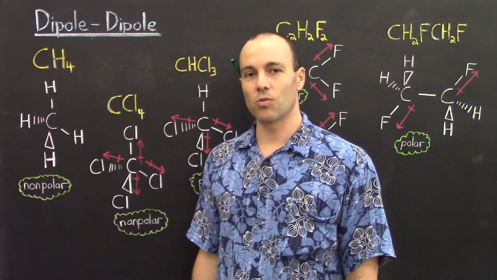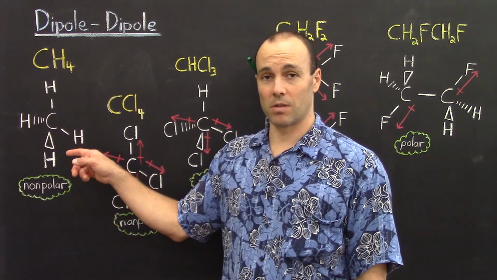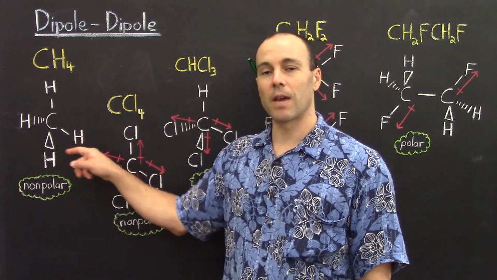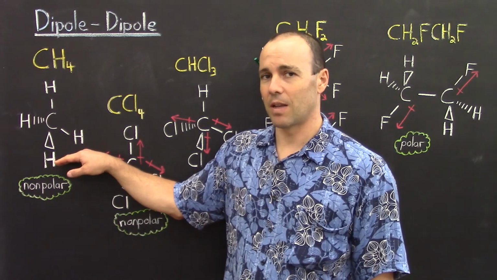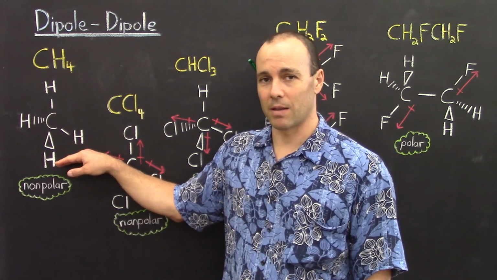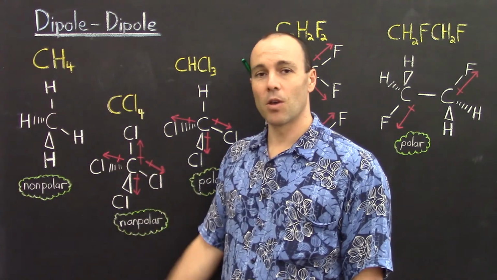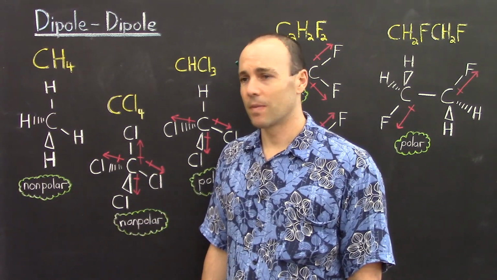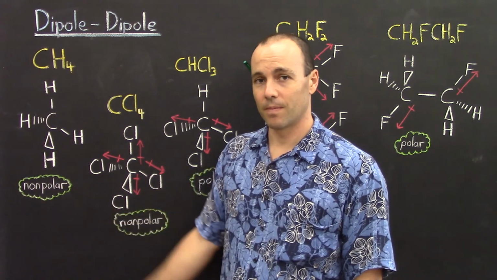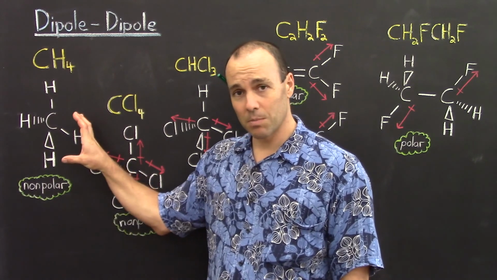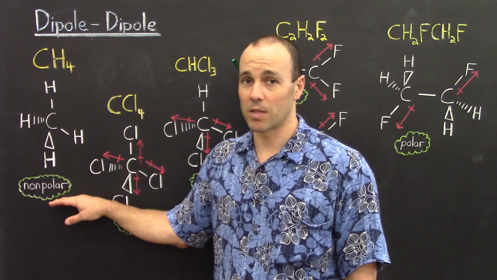It's a tetrahedral structure where carbon is surrounded by the 4 hydrogens in a symmetric fashion. Now, there are not even any electronegative elements present in this compound, and even if there were, it's a totally symmetric molecule. So this is definitely a nonpolar molecule. Now, it still exhibits dispersion interactions. However, there are no dipole-dipole interactions present in methane.